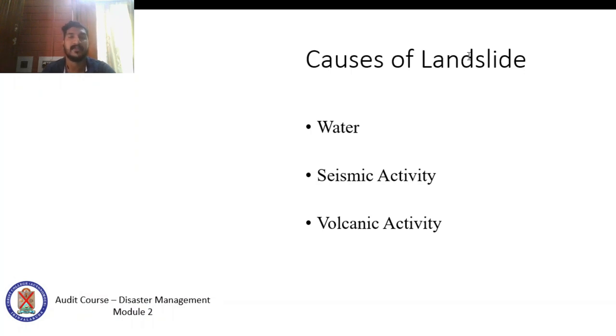Not all rainfall causes landslides, though. With intensive rainfall, when the soil can't bear the amount of water that is precipitated into it, the load can cause landslides.